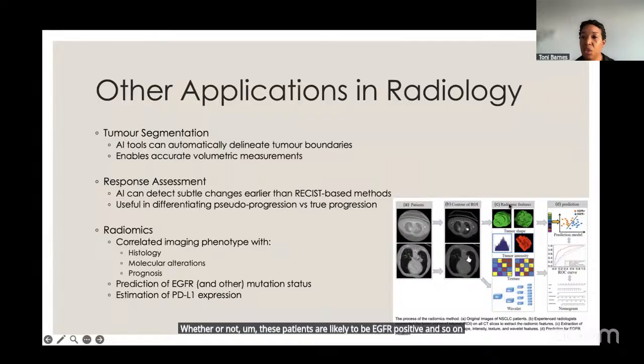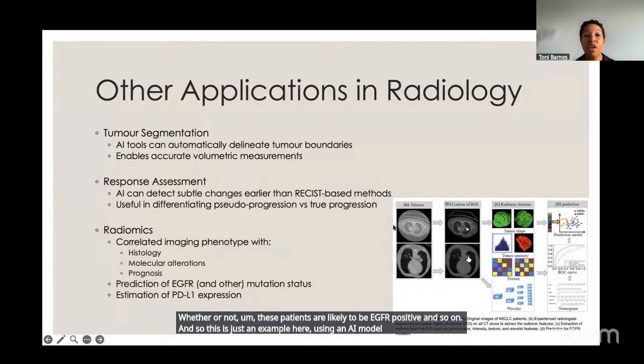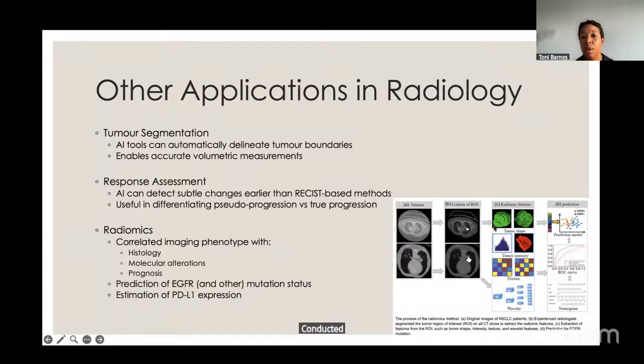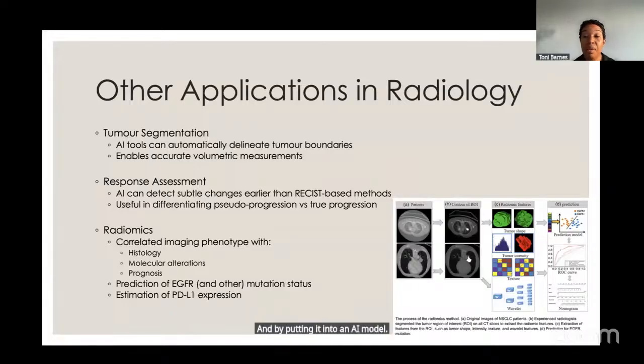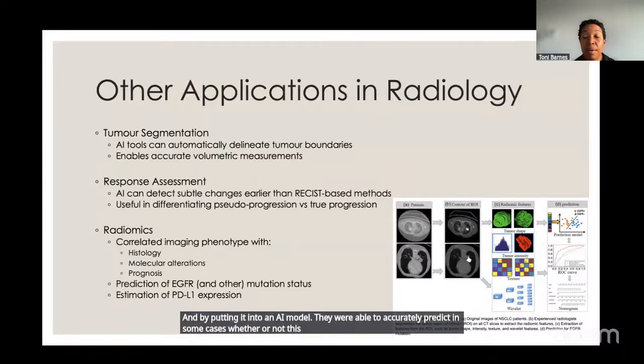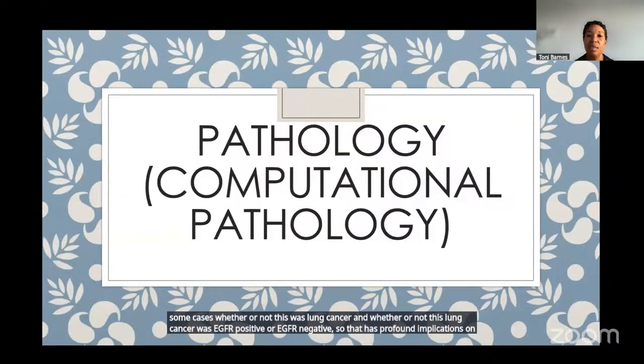This is just an example here using an AI model where they have conducted radiomics. So this and this are both areas of interest, tumor areas of interest. By putting it into an AI model, they were able to accurately predict in some cases whether or not this was lung cancer and whether or not this lung cancer was EGFR positive or EGFR negative. So that has profound implications on oncology practice.